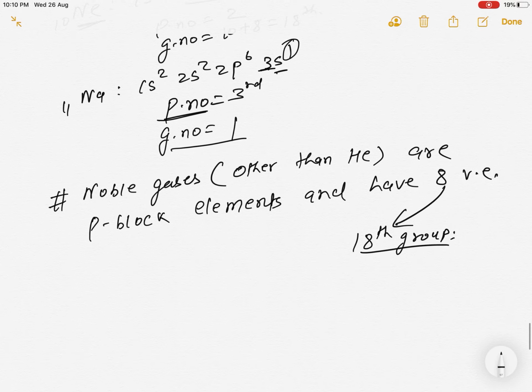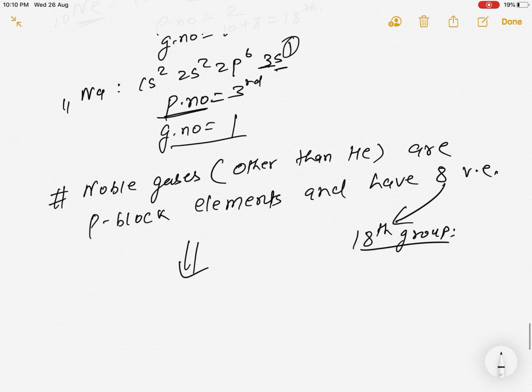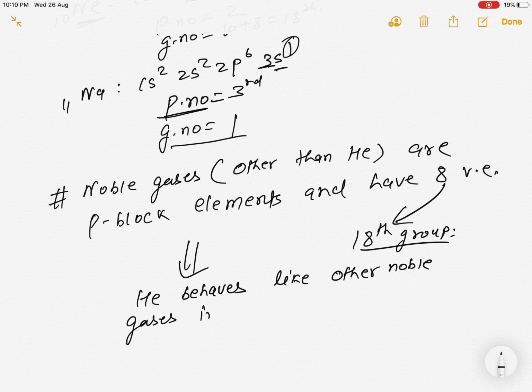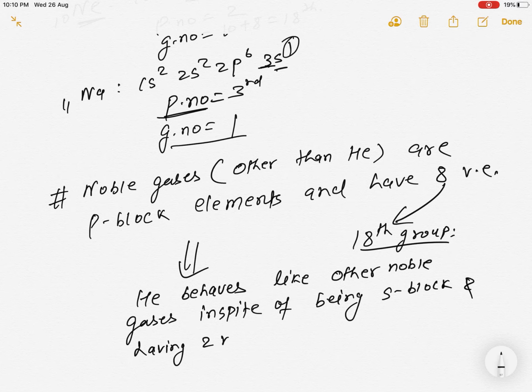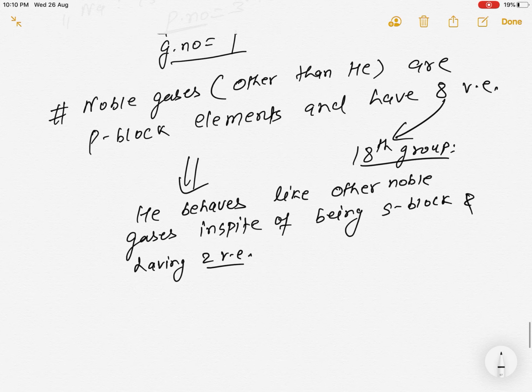We'll keep that in mind. So we can write that helium behaves like other noble gases in spite of being S block and having 2 valence electrons, right?